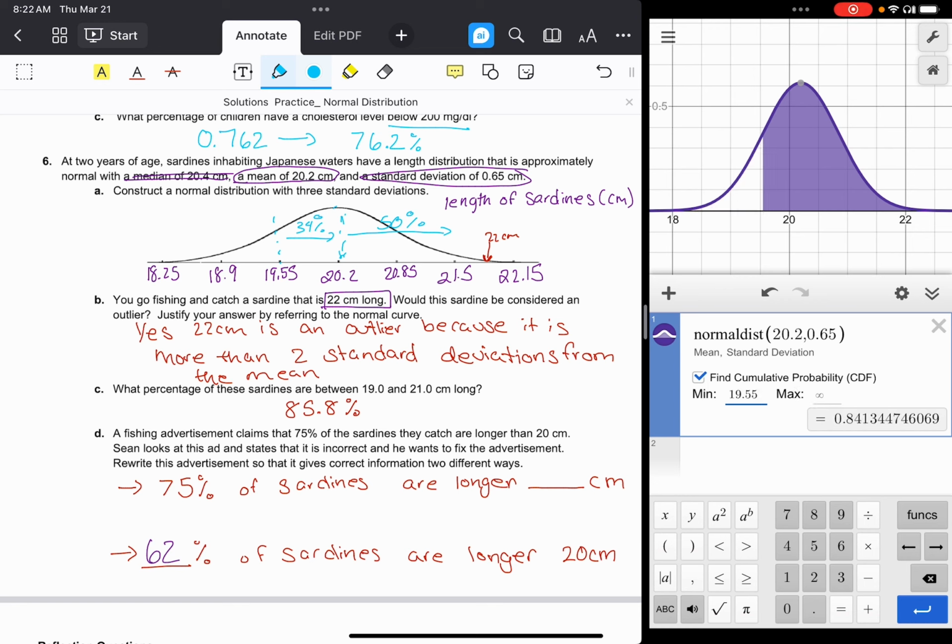Well, if I start with 19.55 just to see, okay, 84%. So what if I do 19.6? I'm at 82, and I'm just sort of trying out numbers. Ooh, I'm a little closer. I'm at 77% here. Now, if I switch to 19.8, I'm at 73. 19.7 is 77.